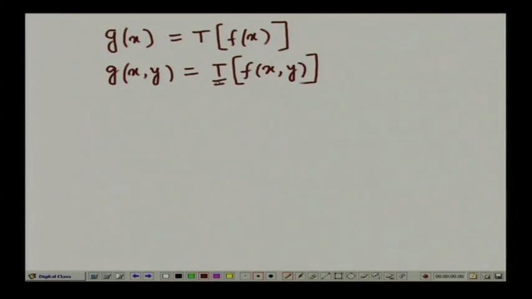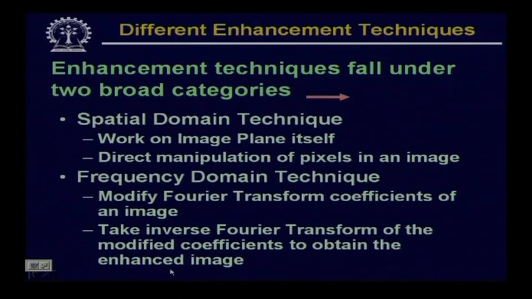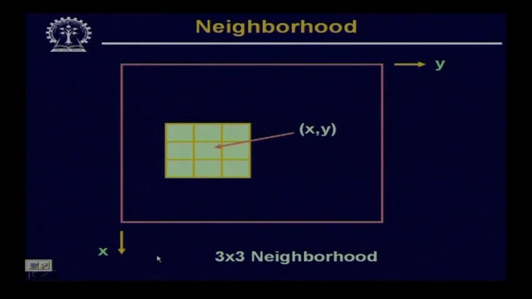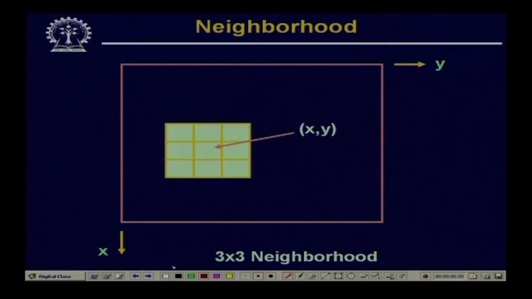Now, the neighborhood of a point (x, y) is usually a square sub image which is centered at point (x, y). So, let us look at this particular figure. Here we have taken a rectangular image f.